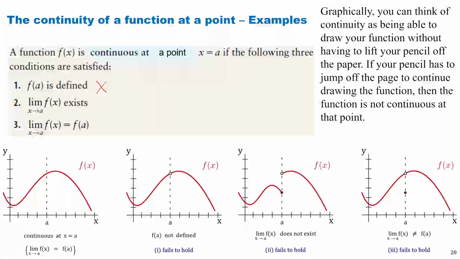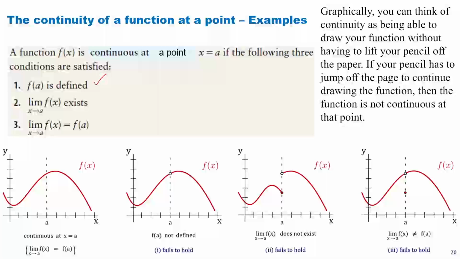Then if you consider the third diagram here, first f(a) is defined, which is this point here. Second, the limit of f(x) when x approaches a does not exist because we know the left side limit does not equal the right side limit for this function at x equals a, right? So the second condition cannot be met, then we can say the function is not continuous at x equals a. Then for the last graph, first of all, f(a) is defined.